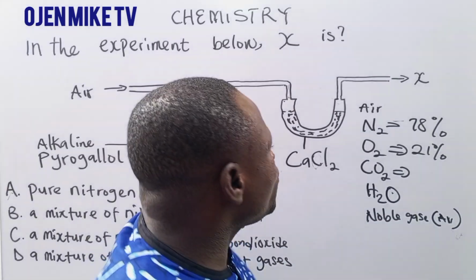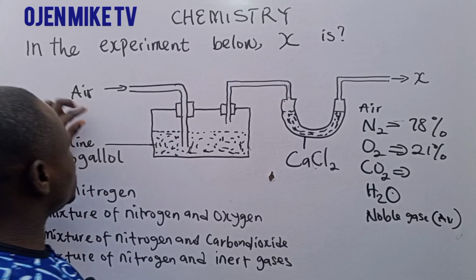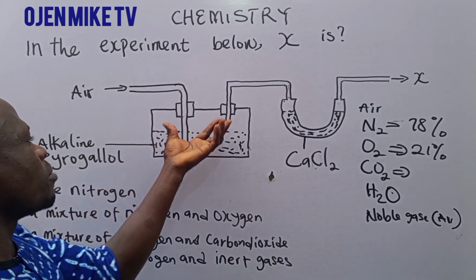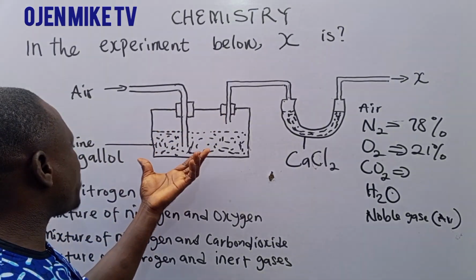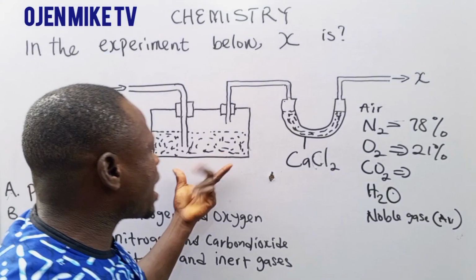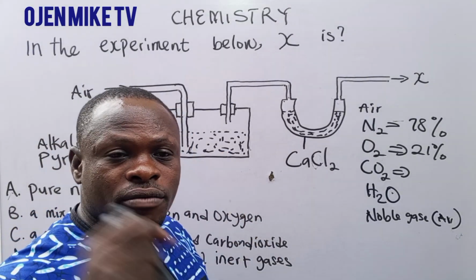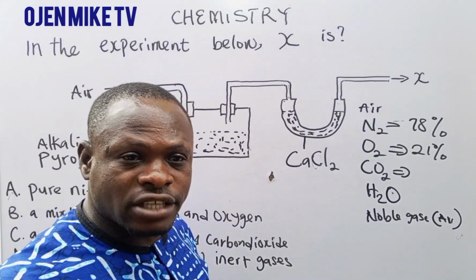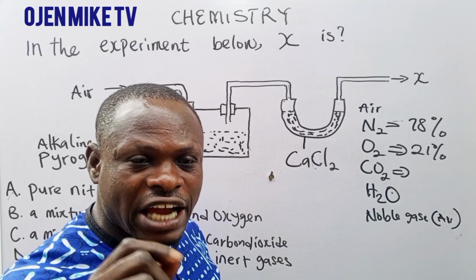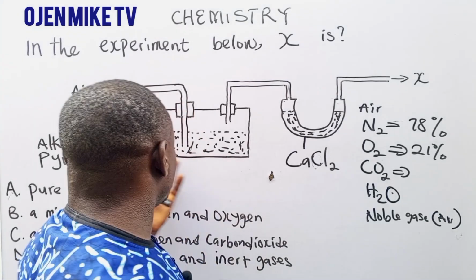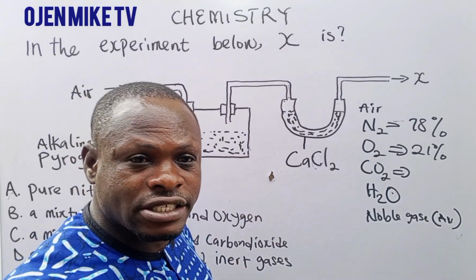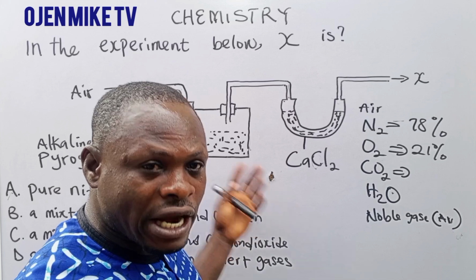Now, if this air is introduced to pyrogallol, what we mean by pyrogallol is an oxygen absorber, more especially in alkaline solution. The chemical name is benzene-1,2,3-triol.